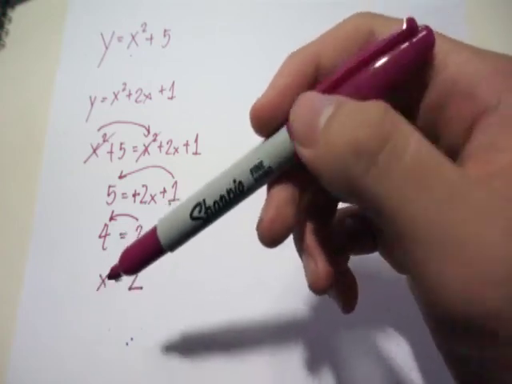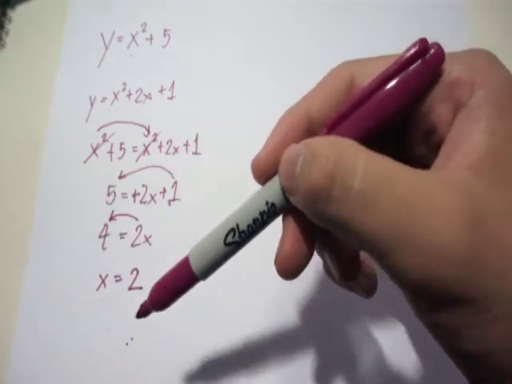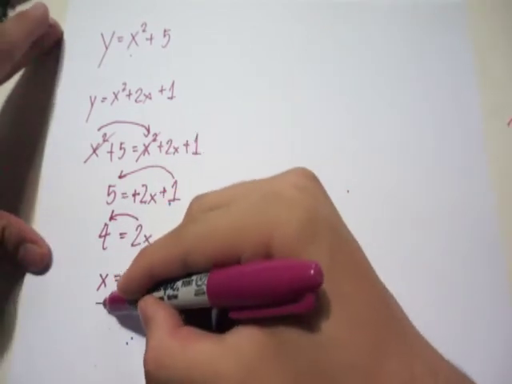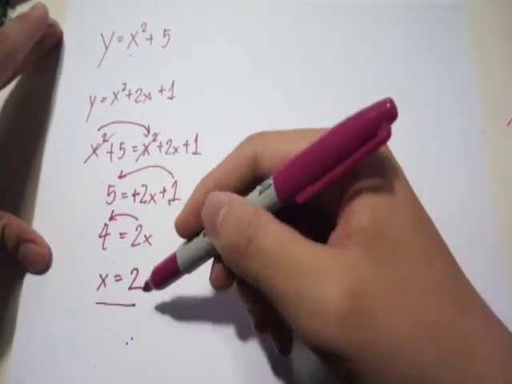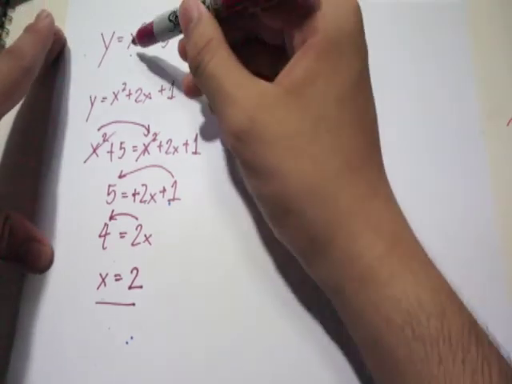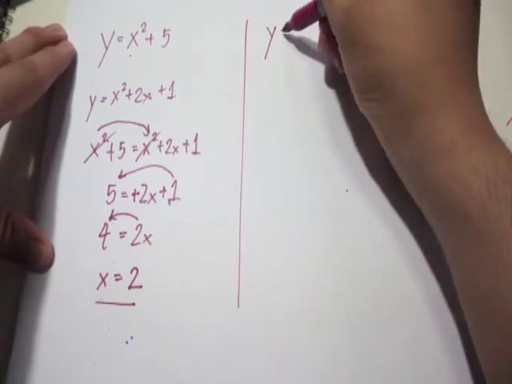So what we're gonna do next is find the y coordinate of this equation. We're gonna have this and then plug it into any one of these. I'm gonna plug it into this one, which is easier in my opinion.